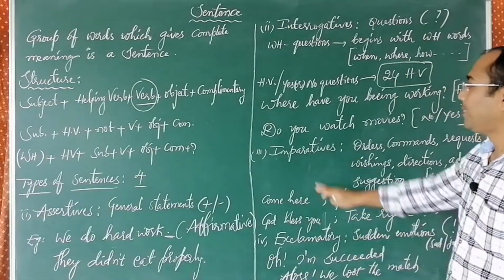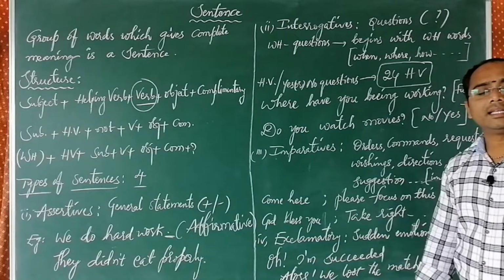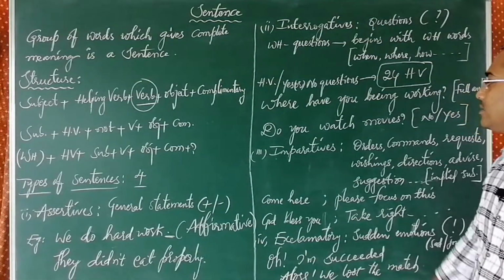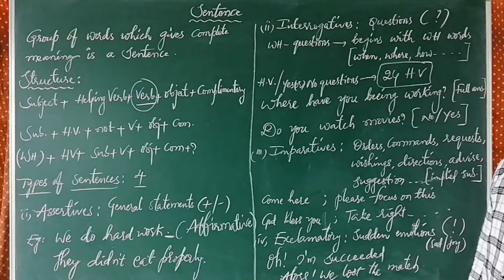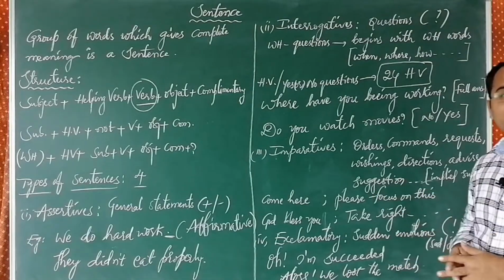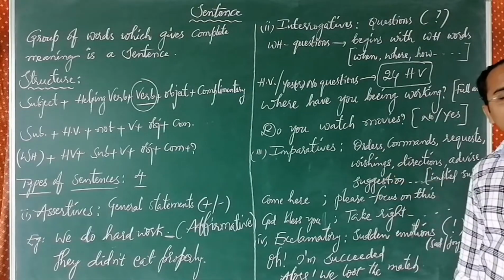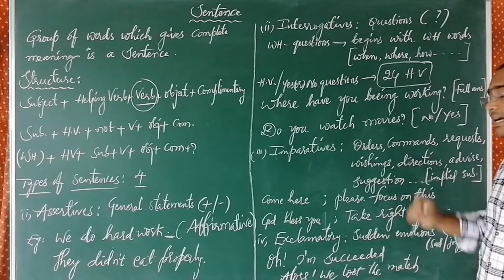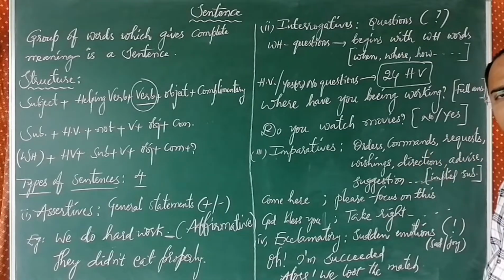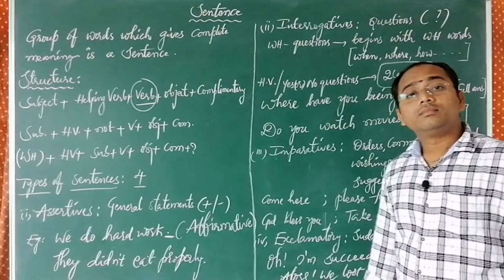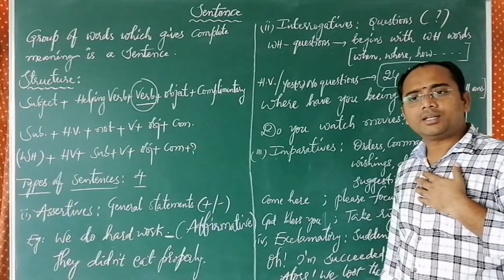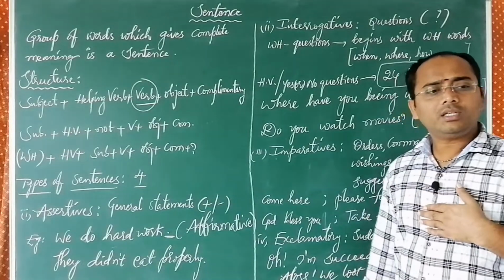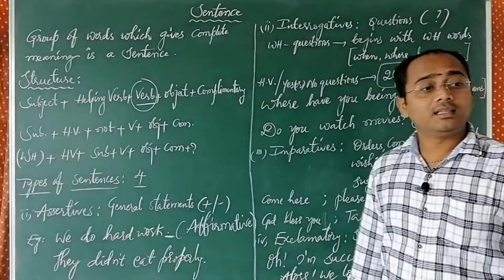Am I clear here? Next, the third type of sentence is imperative. What is imperative? We have many varieties here. First, orders and commands. What is the difference between these two? Order is informal language. Suppose I am a teacher. As a teacher, I can speak to my student in the order way.